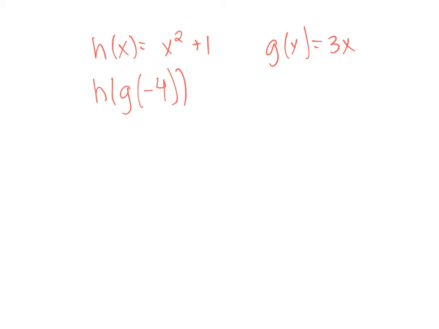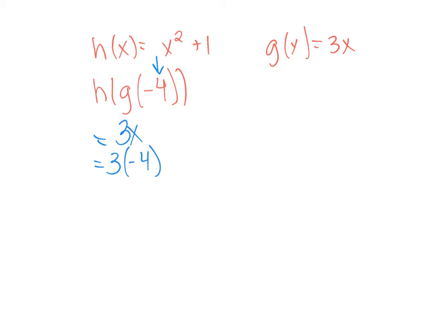All right, Colleen, go ahead. What's my first step I'm writing down? Good. My G is 3x. Sorry, what's my next step? Good. I'm plugging in -4. Malaysia, 3 times negative 4.